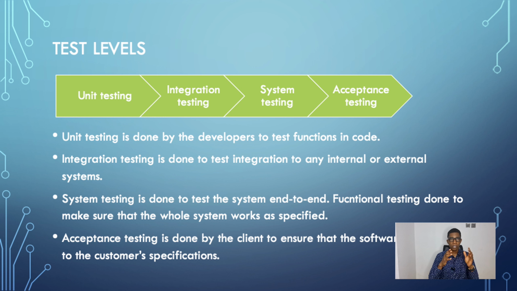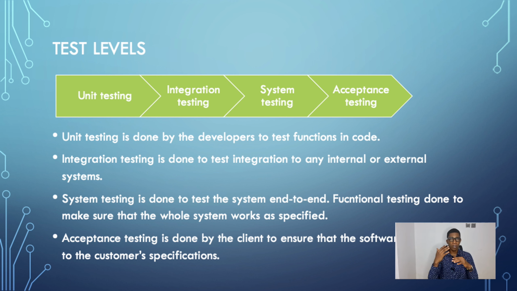That's why it's also called end-to-end testing. That test is usually used to confirm that the entire system works for the purpose for which it was built. So that's it for system testing.